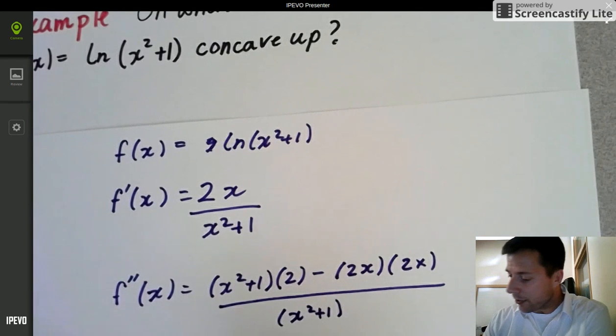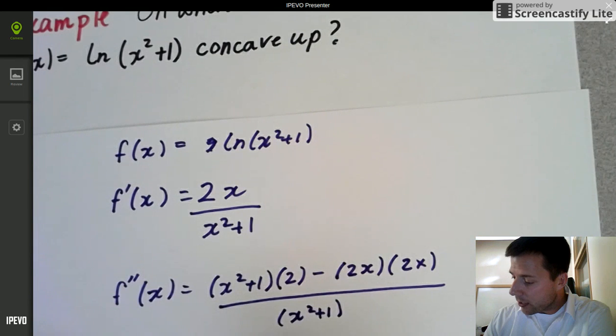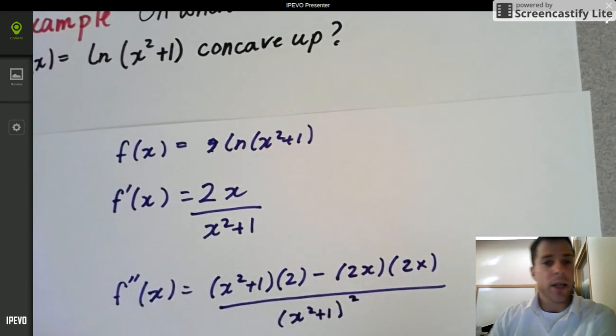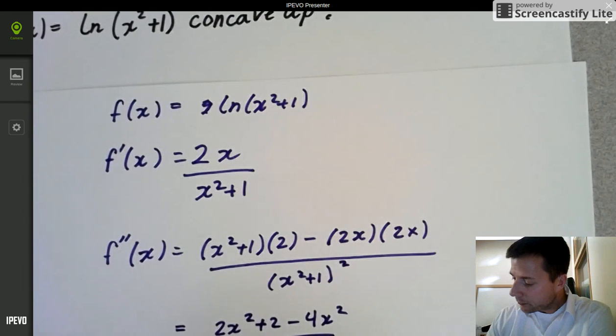Now I've got to clean this up a little bit. So the top, I'm going to clean up the top. We have 2x squared plus 2 minus 4x squared, all over x squared plus 1 squared. Now I get negative 2x squared plus 2 all over x squared plus 1 squared.